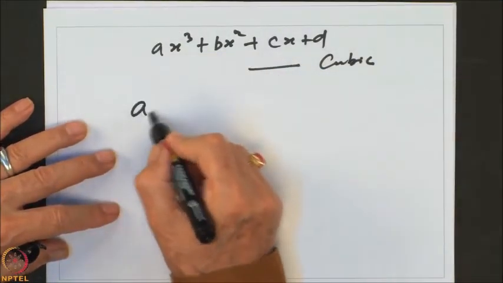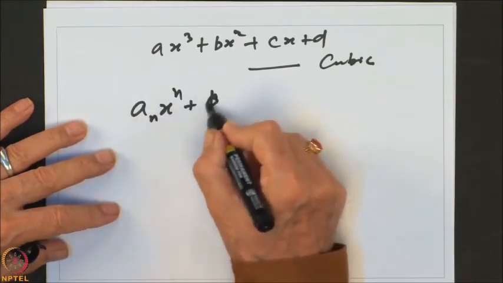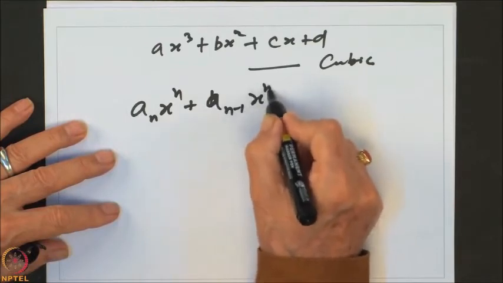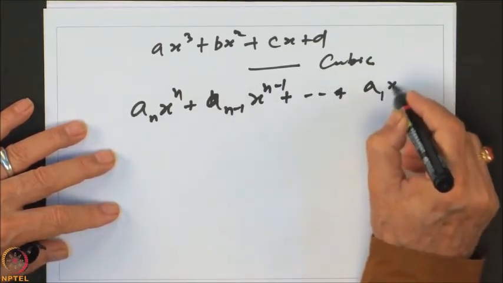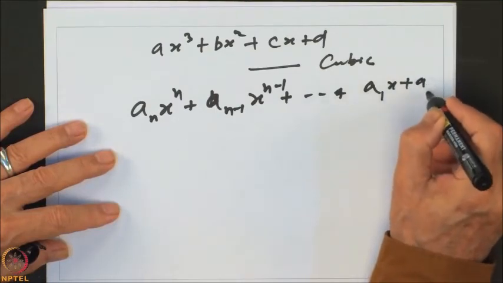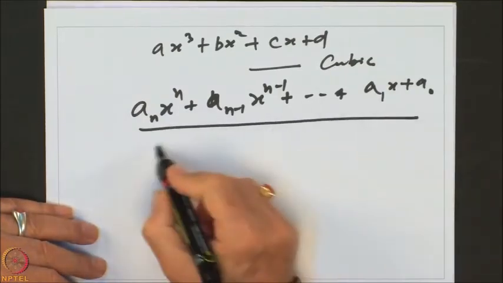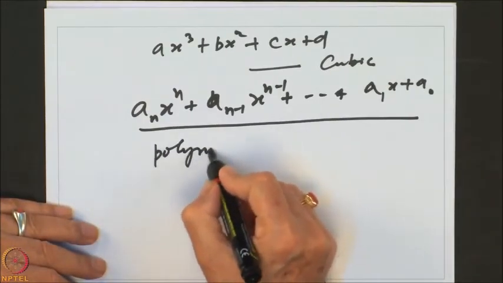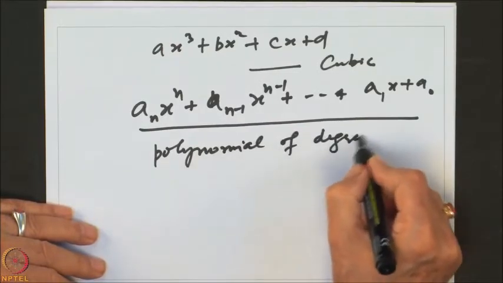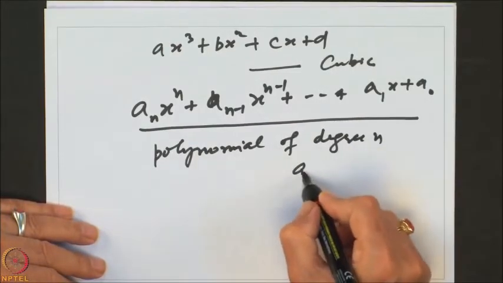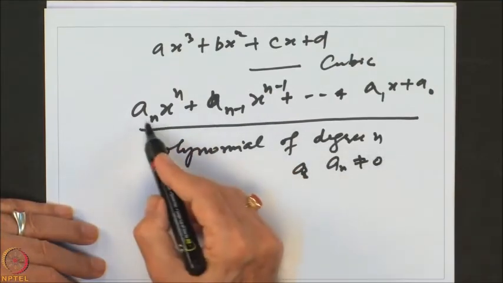So, in general you will have a_n x^n + a_(n-1) x^(n-1) + and so on + a_1 x + a_0. Such a thing is called a polynomial of degree n, provided this coefficient a_n is not equal to 0.